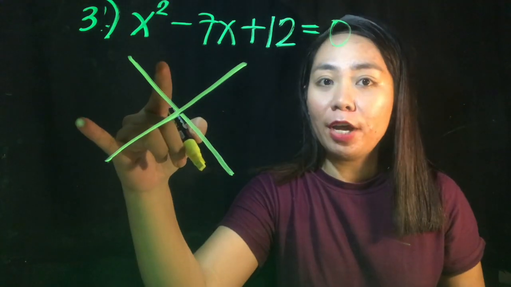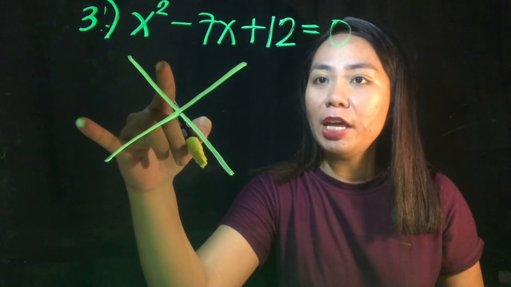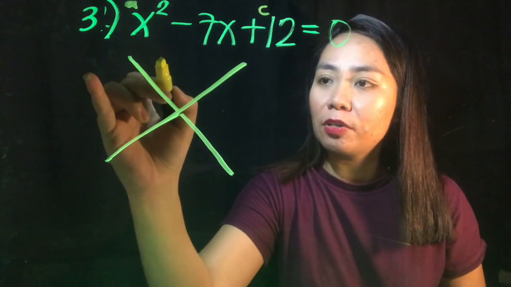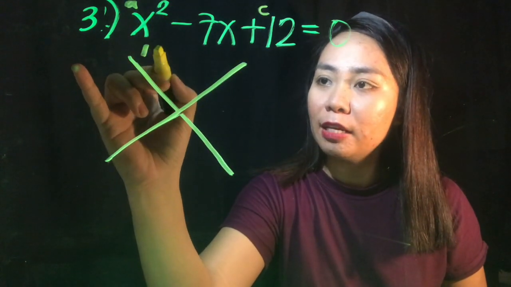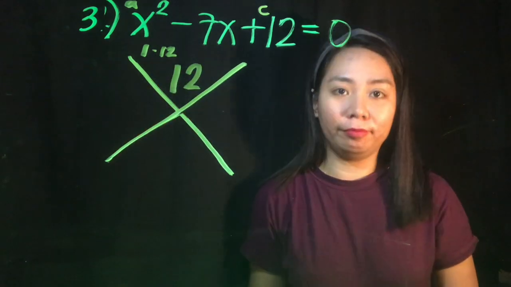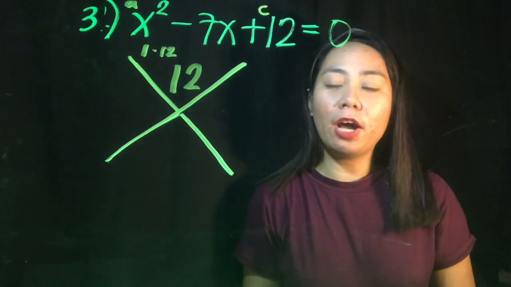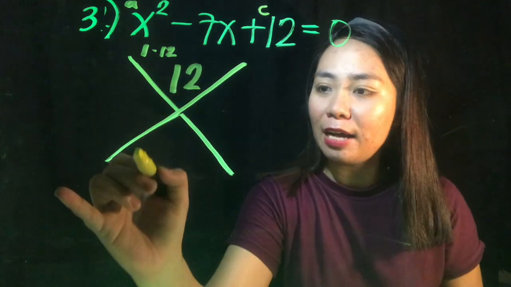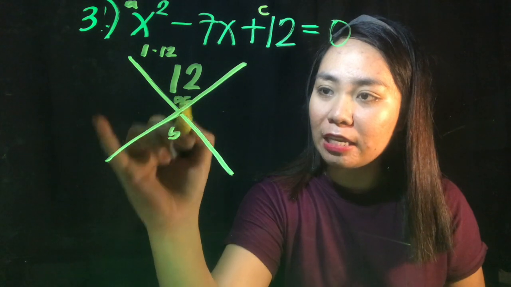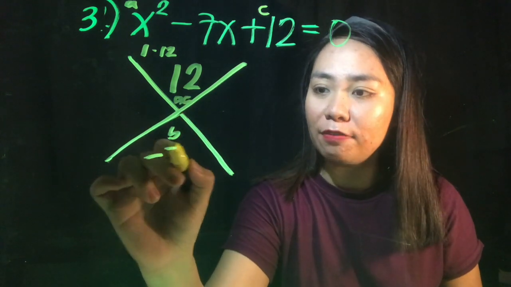The above one, ang ilalagay natin dito is the product of your A and C. So, in this case, that's 1 times 12, which is 12. Sa baba naman po, ilalagay natin ay ang value ng ating B. So, dito A, C, dito B, which is negative 7.